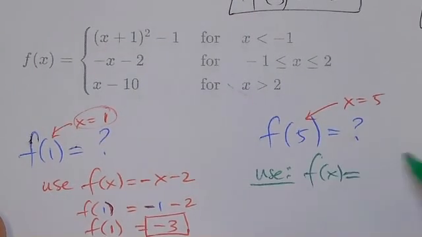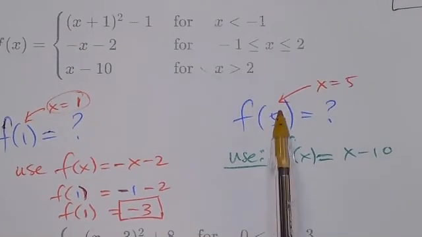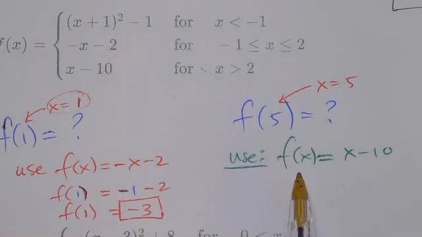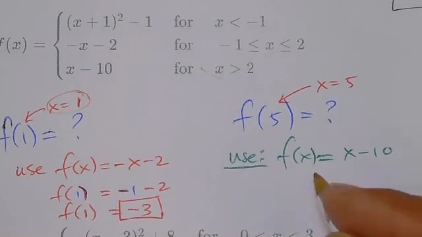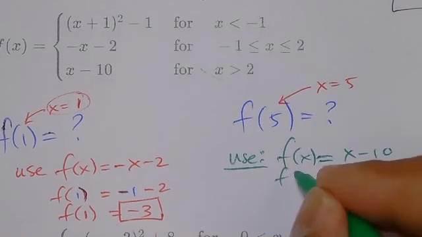So then this is the function you're going to use. You're going to use f of x is equal to x minus 10. Is that right? And then what number are we putting here? 5. Is this easy now?